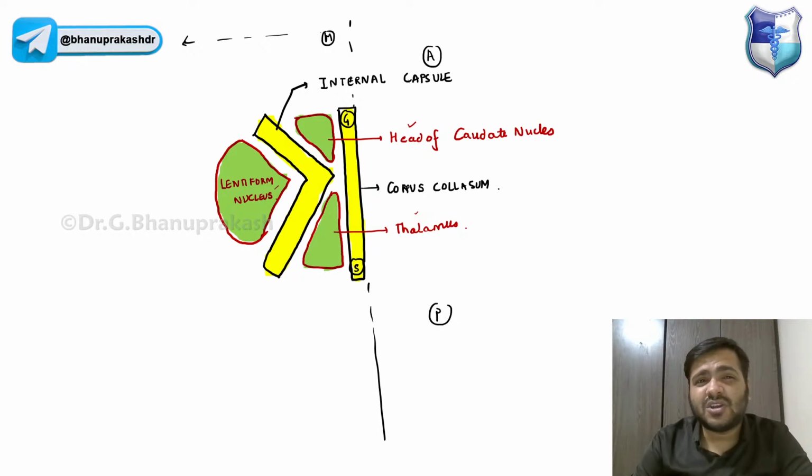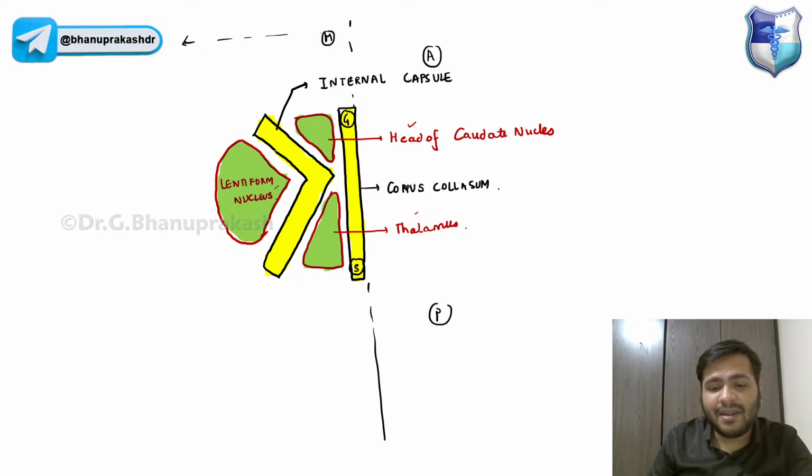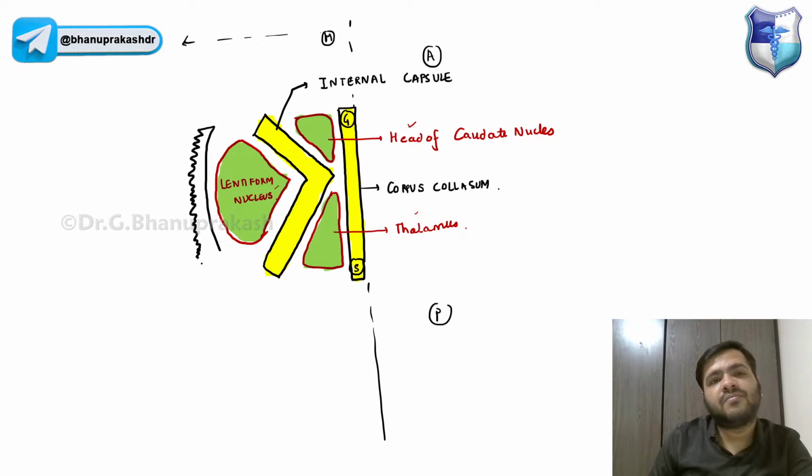As of now, the function of this is not very well appreciated, but you will see this thin band of gray matter just lateral to the lentiform nucleus, and this is called the claustrum.